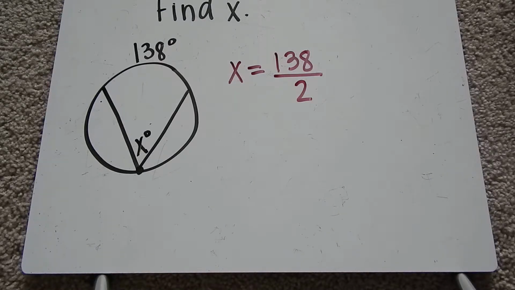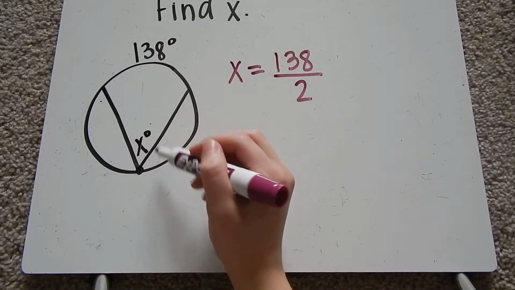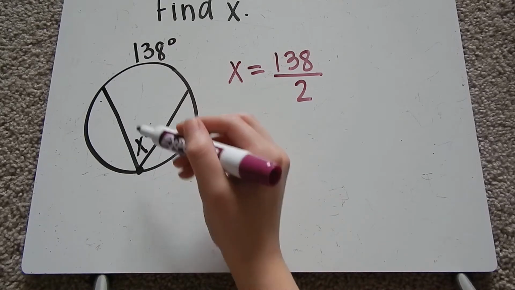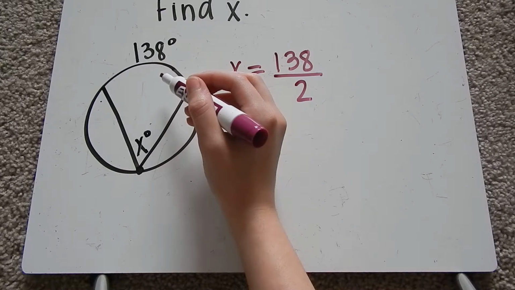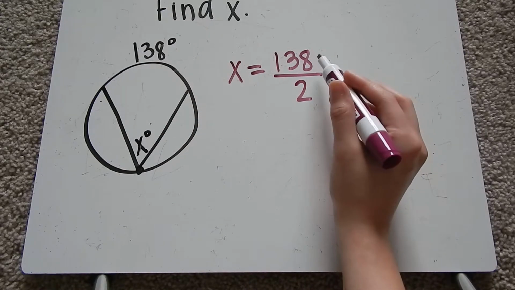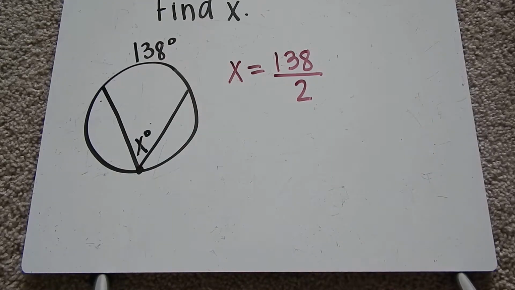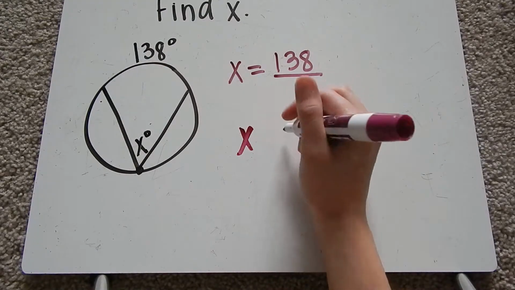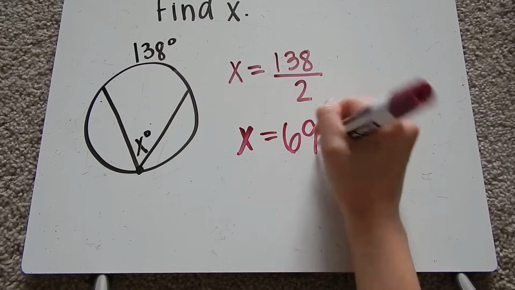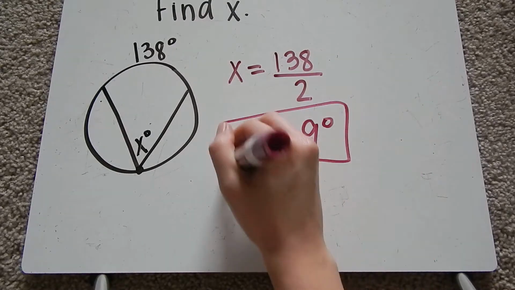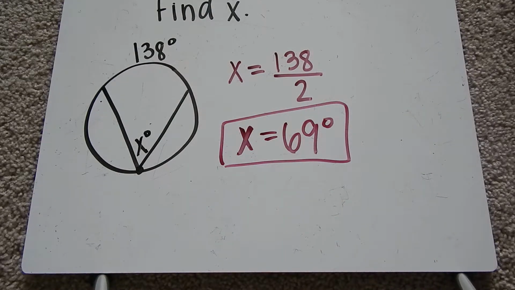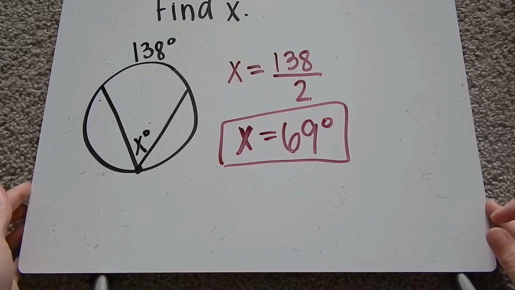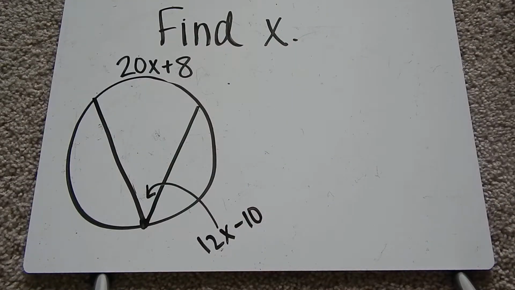So for this, all we have to do is set the inscribed angle equal to half of the intercepted arc, or the intercepted arc divided by 2, however you want to look at it. So when we do that, we can find our answer, and it's going to be 69 degrees. Easy enough. So let's move on to a little bit harder question.